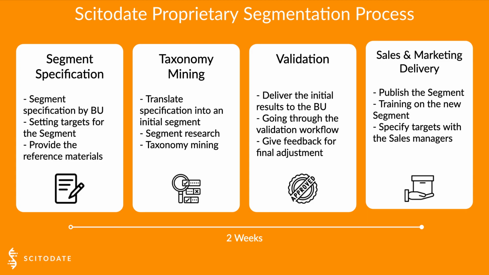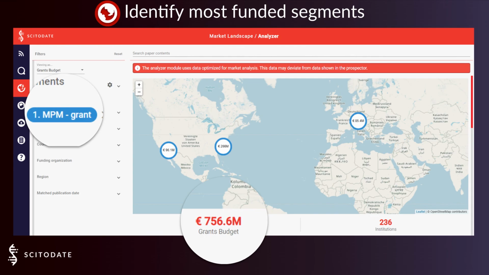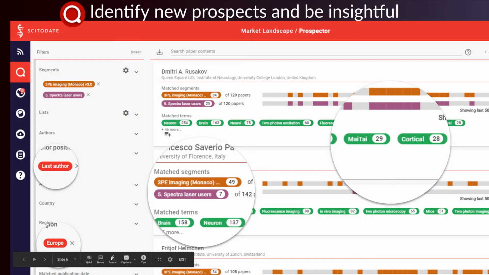The main value is highly segmenting your market based on the scientific application areas and also use cases of your products. And when you deliver it, you can identify how much funding was allocated there, and you could use it for prospecting, for sales and marketing.